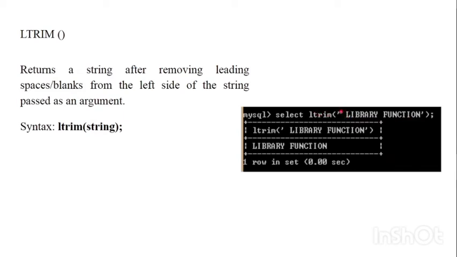So here you can see a space inside the string. This is also considered as a character. So this ltrim function will remove this leading space in the starting of the string. So it will remove the space in the beginning and produce the output without a space in the beginning.